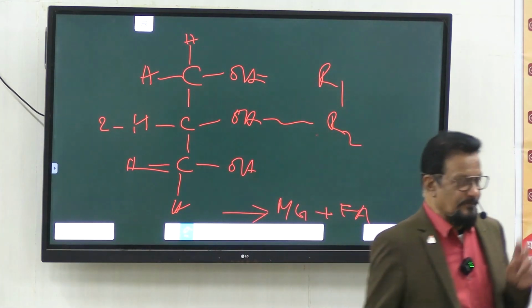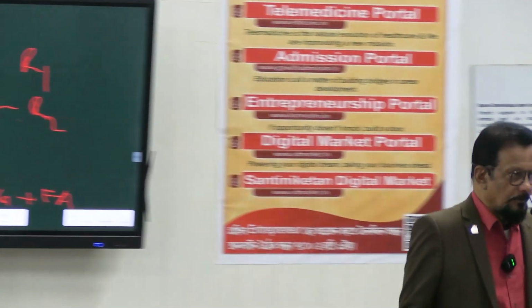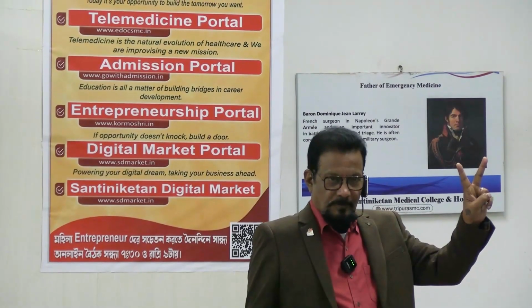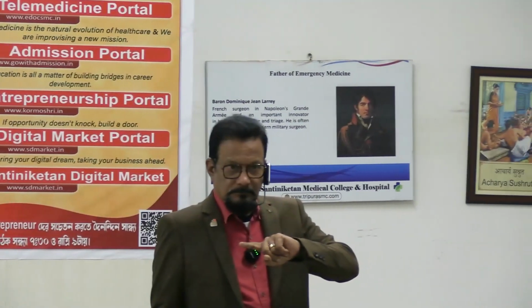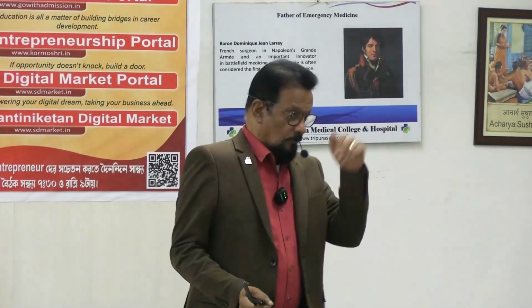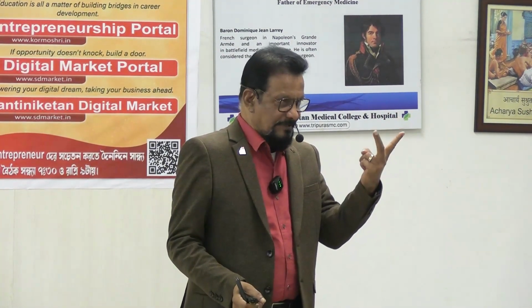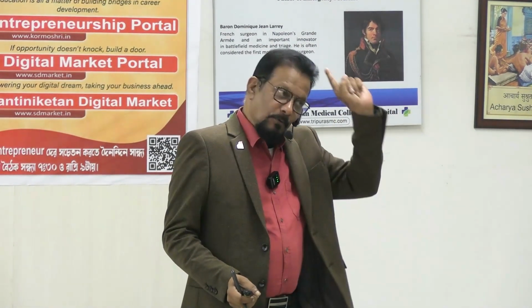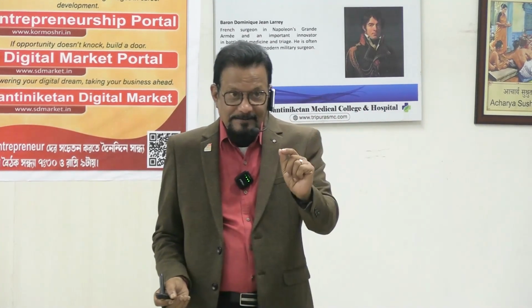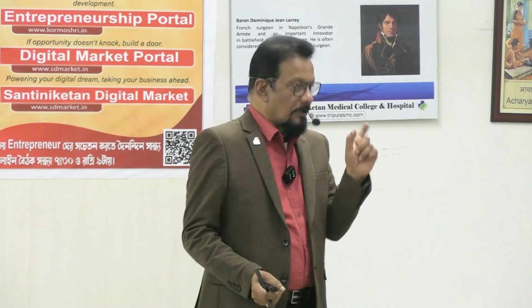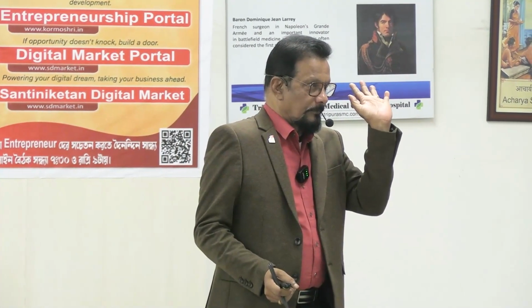How many fatty acids have we got till now? Two. And what is the product now? 2-monoglyceride. 2-monoglyceride doesn't mean two units of monoglyceride; it means one fatty acid remains attached at the second carbon.